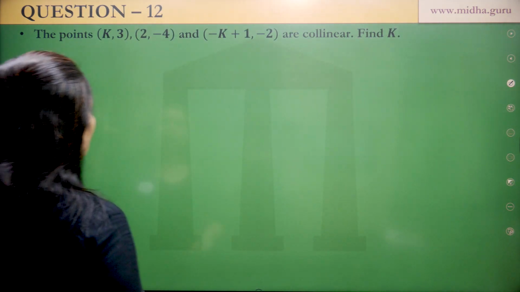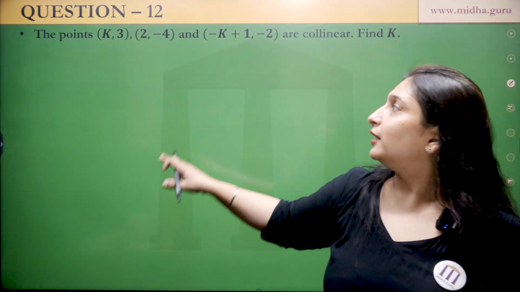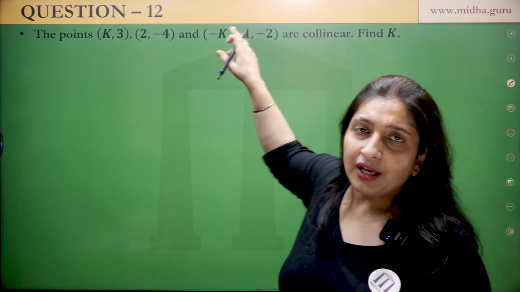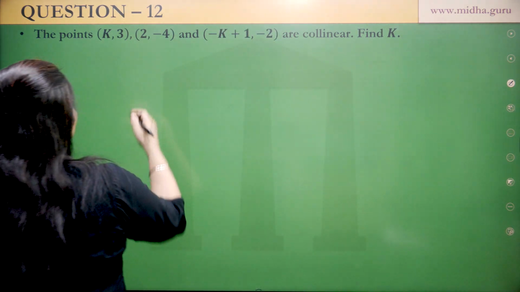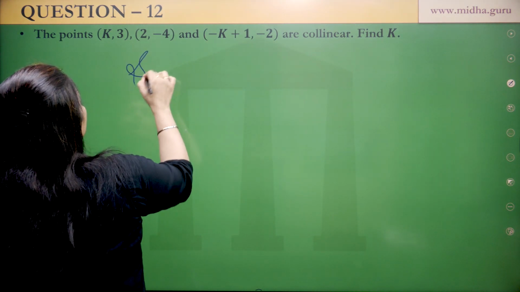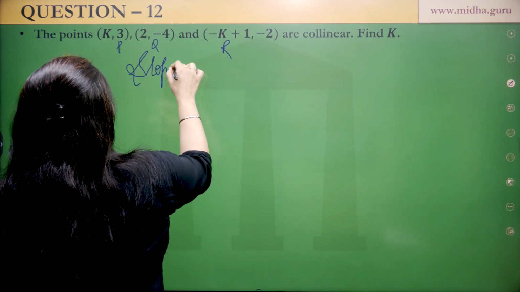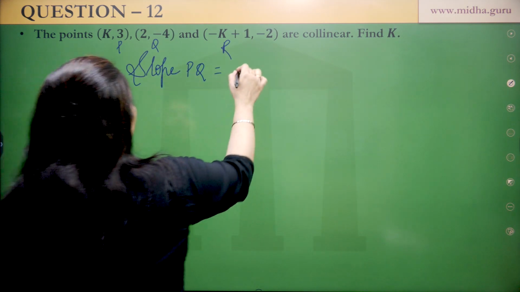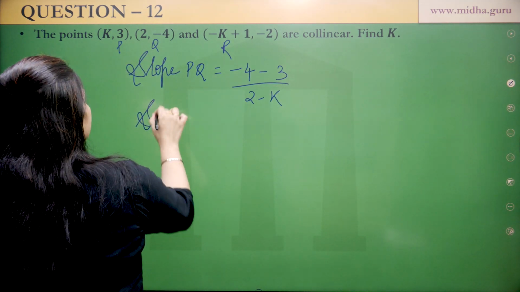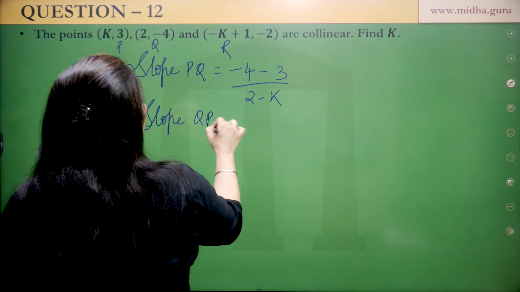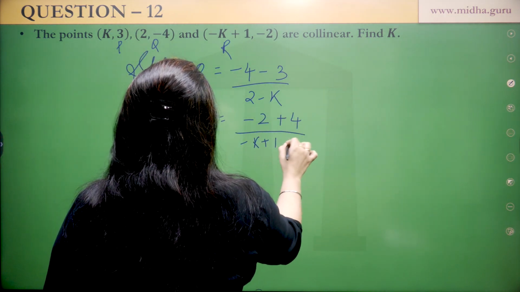Now these points are collinear. We have proved in one of the questions that these 3 points are collinear. Given in the question is that the points are collinear, and we have to find the unknown K. If we take this point as P, this is Q, this is R, first we'll find the slope of PQ, which is minus 4 minus 3 by 2 minus K. Next find the slope of QR, which will be minus 2 plus 4 by minus K plus 1 minus 2.